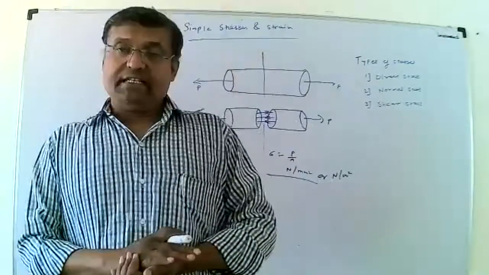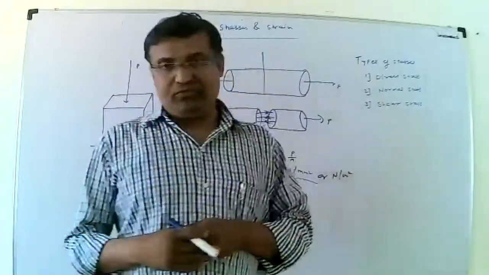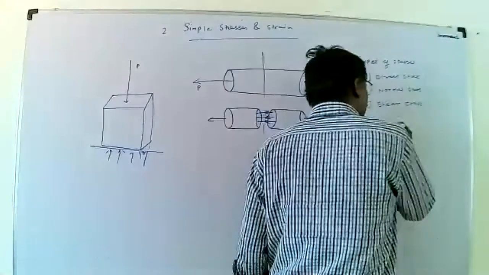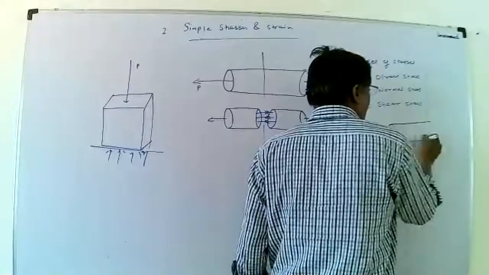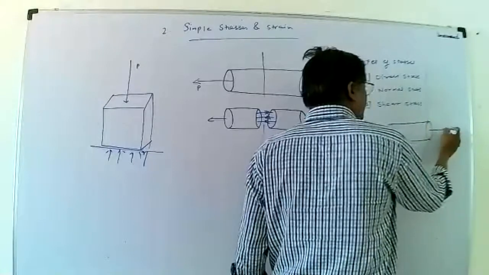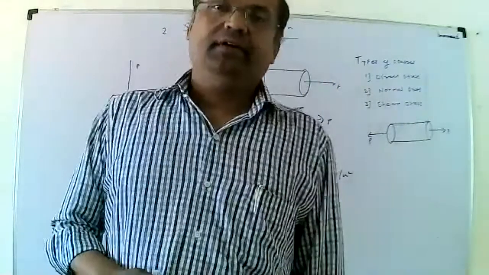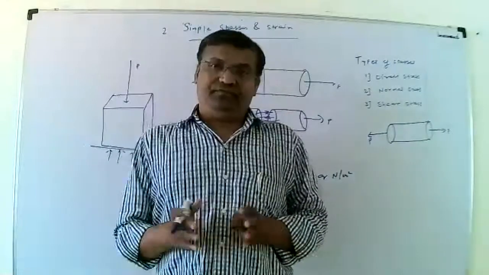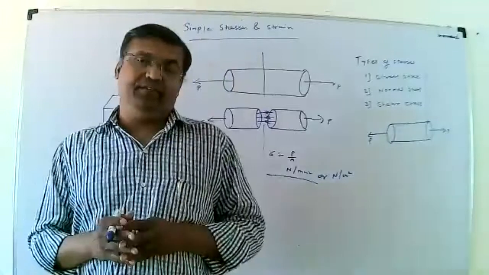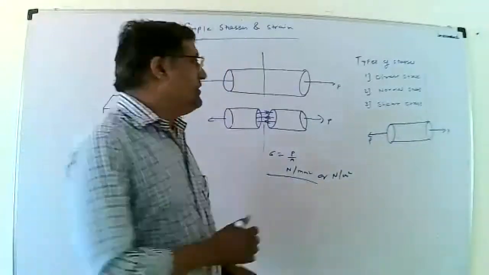Normal stress has two types: longitudinal or tensile stress and compressive stress. Tensile stress, what is tensile stress? Suppose this is a specimen and equal and opposite pull forces act. What will happen? It will change its length.